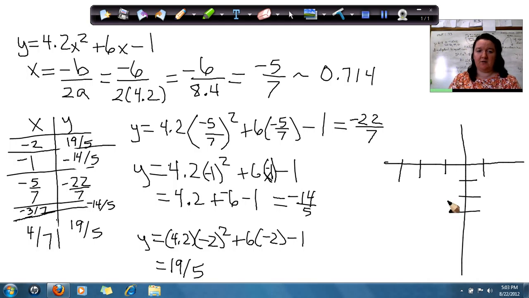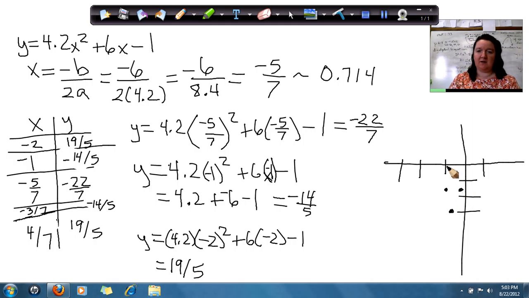And then if I do a negative 1, it was at a negative 14 over 5. This is negative 2.8. So that's almost 3. So I'm going to put a value there. And a negative 3/7, so that's probably something there. Those look symmetric.